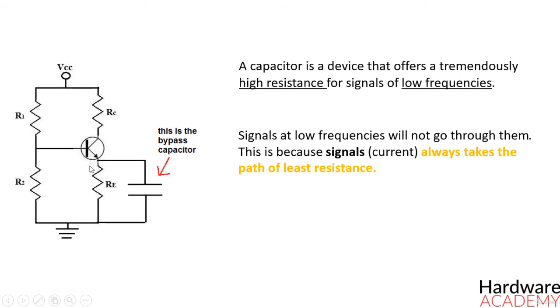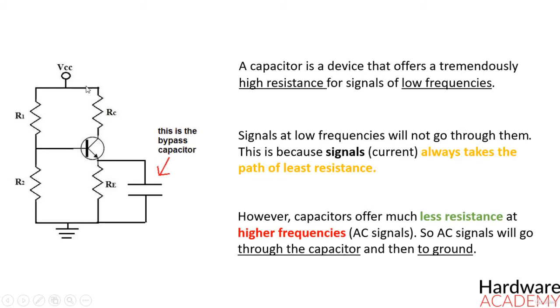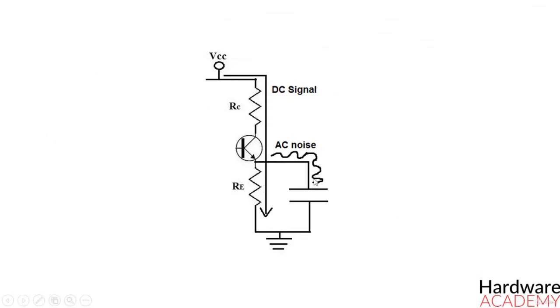However, capacitors offer much less resistance at high frequencies, so AC signals will go through the capacitor and then to ground. Therefore, DC signals will go through the resistor RE, while AC signals will go through the capacitor, getting shunted to ground.